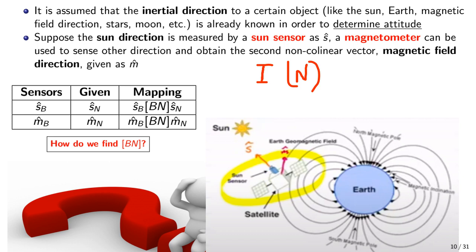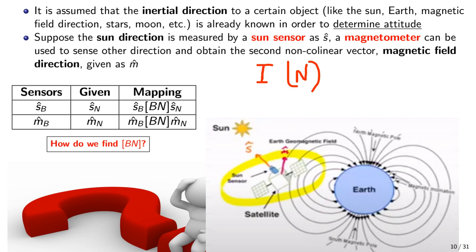This measurement, or the algorithm, let me start using the word algorithm, would operate based on two pieces of information. One is the measurement from the sensors, and the second is the given measurement, which has to do with your inertial direction.